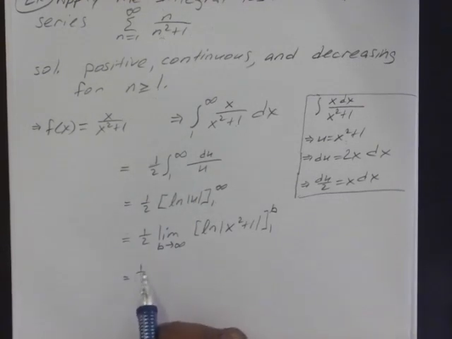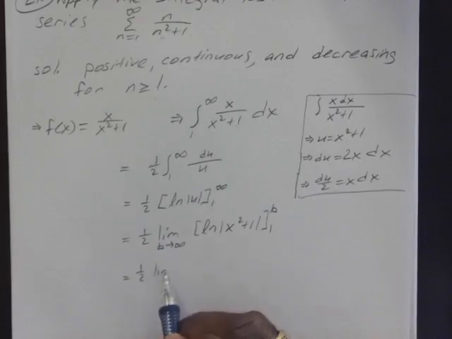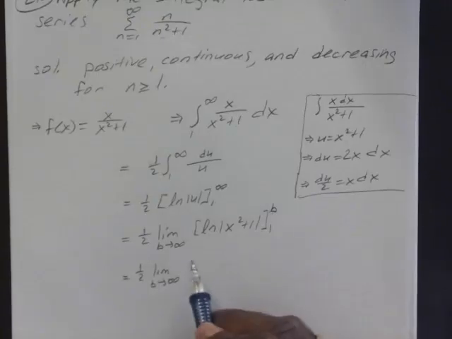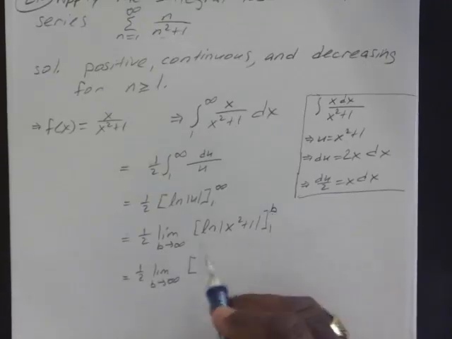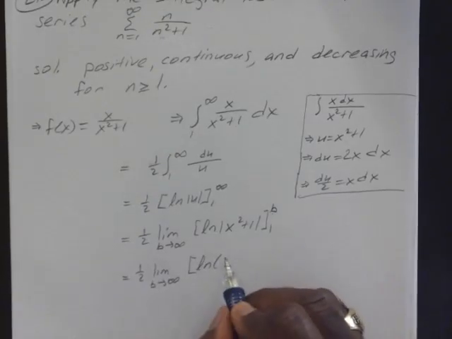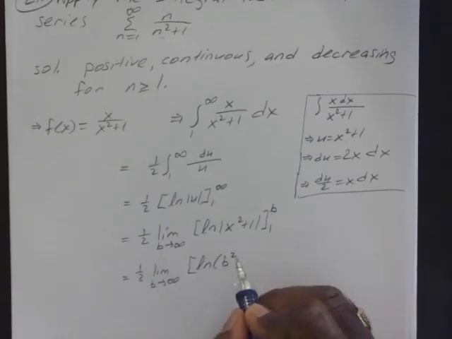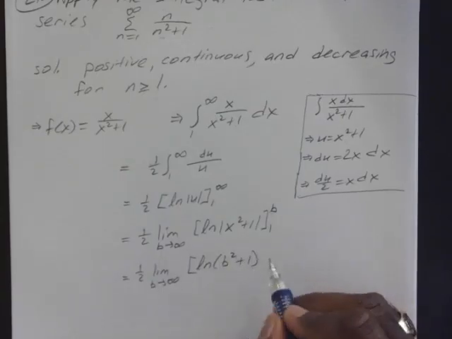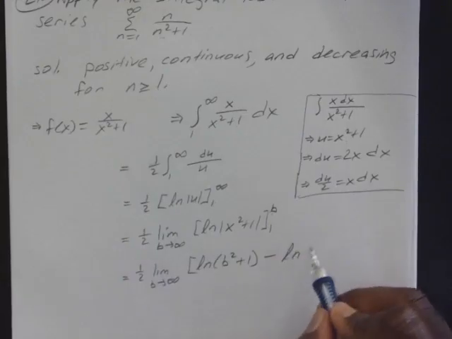Okay, so that gives us 1/2 times the limit as b approaches infinity. Plug in, we get the natural log of b squared plus 1 minus the natural log of 1 squared plus 1.